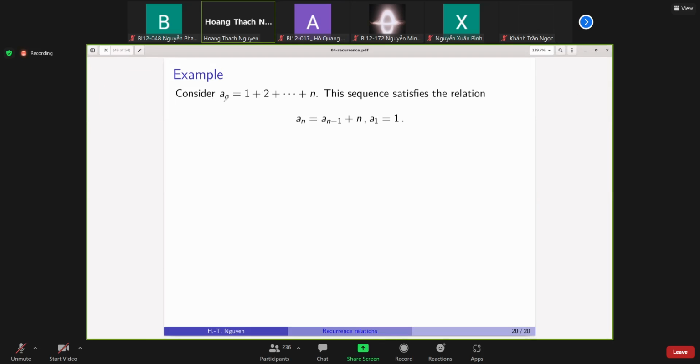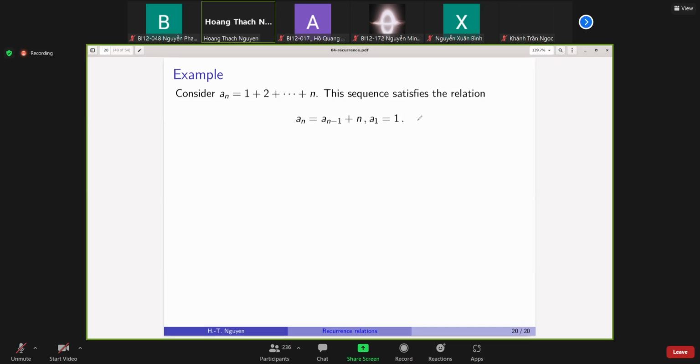If we have a sequence like this, then you can express it using this recurrence relation and an initial condition. Do you agree that this sequence satisfies this relation? So a_n is equal to a_(n-1) plus n.